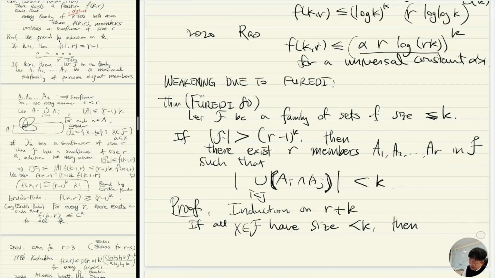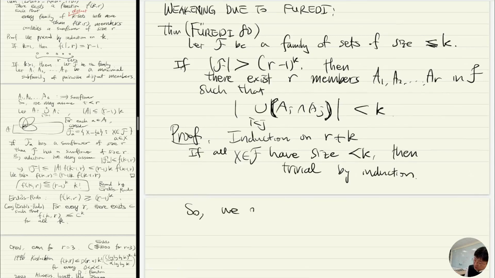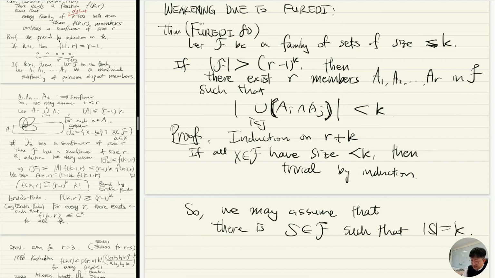Then it's trivial by induction, because you can reduce k by 1. So we can assume there is S in the family such that the size is exactly k.